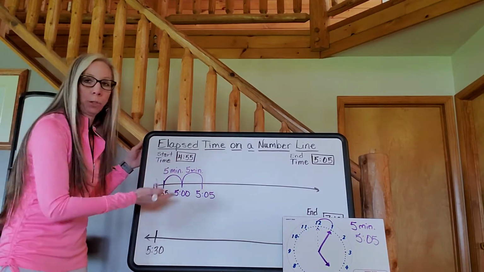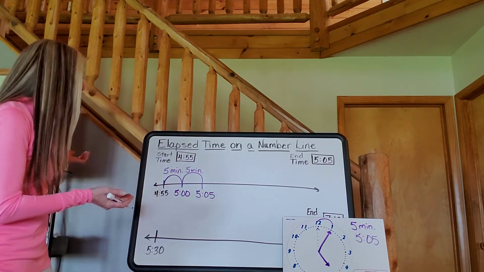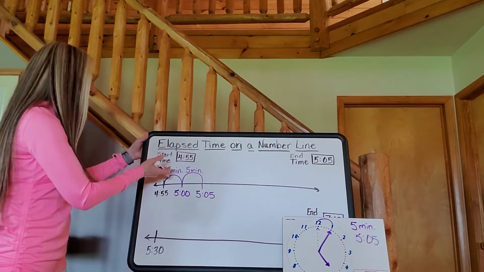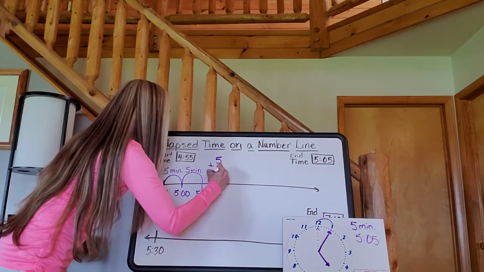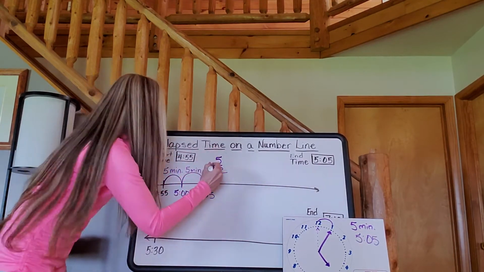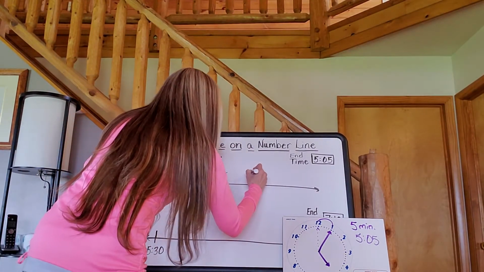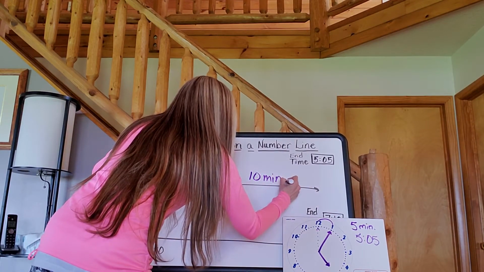So do we have any hours to add up? Nope, we don't have any hours to add up in this particular problem. So now we just add up our minutes. We have 5 minutes plus 5 minutes. 5 plus 5 equals 10. So to go from 4:55 to 5:05, it took us 10 minutes.